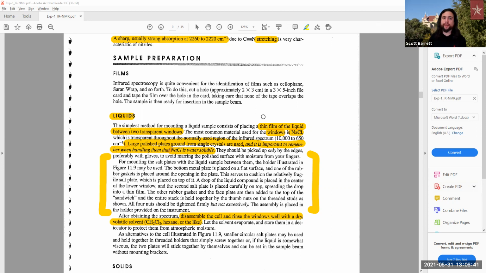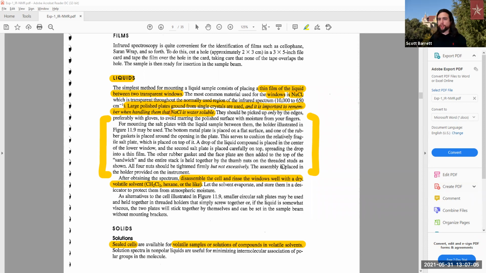Maybe you will if you have a career that involves cellophane, saran wrap, etc. You would cut a hole, tape the film over a card, and then the card can be placed into a sample beam. Then the beam is shot through the film, and you could go forward in order to analyze your IR spectra.